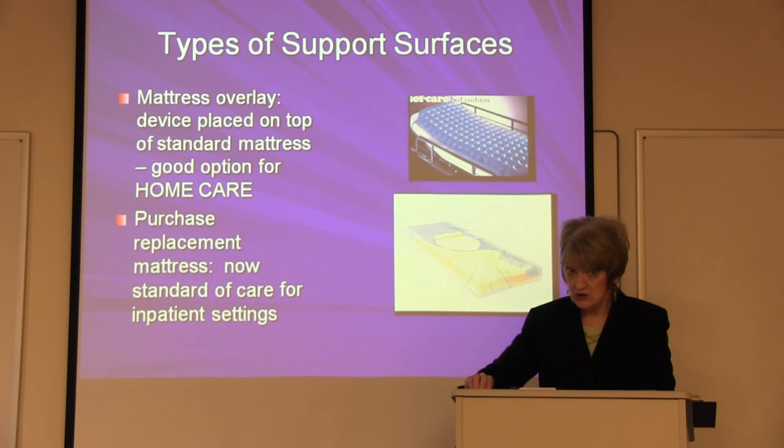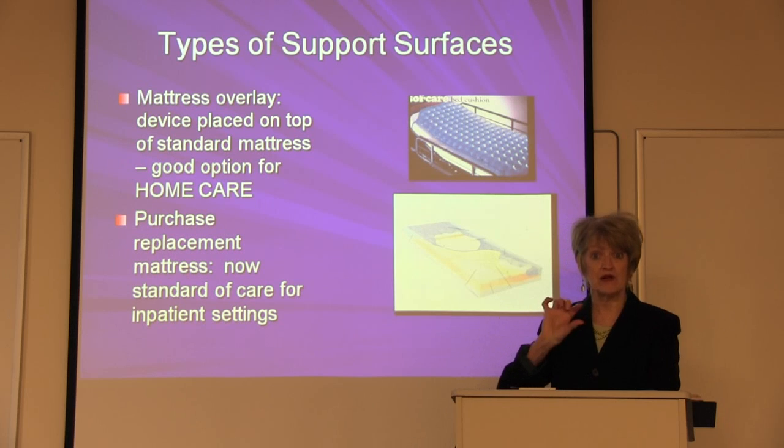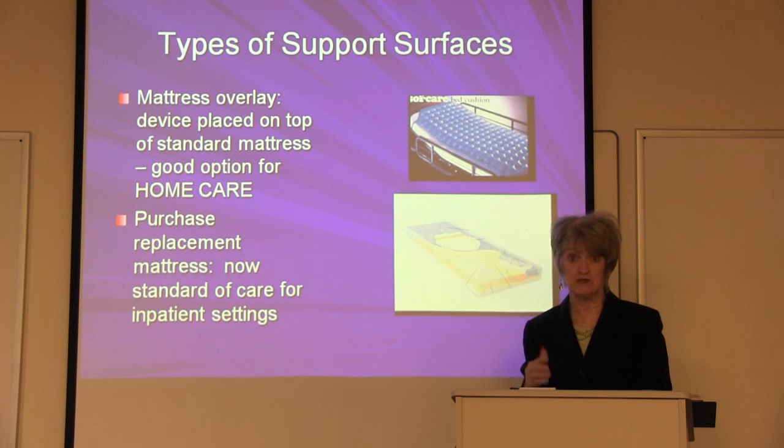In addition, the use of overlays to provide pressure redistribution adds a lot of cost to the agency's bottom line. Even though they're the least expensive device per unit, the reality is every time a patient's admitted to that bed and that patient needs pressure redistribution, you have to go get another device.